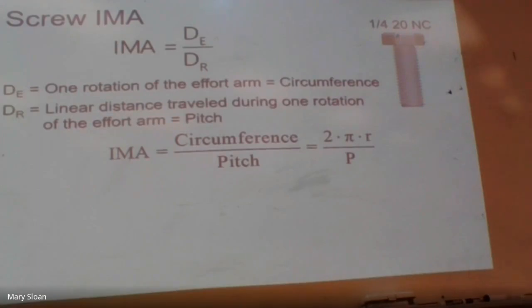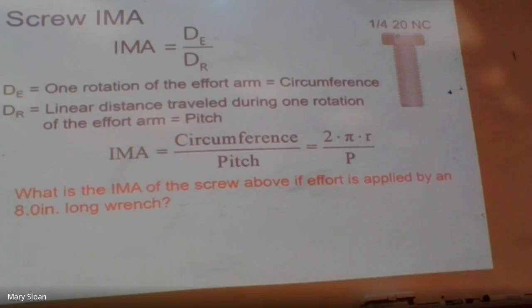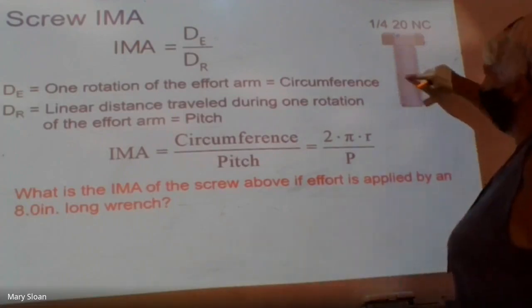So, what is the IMA if the screw is turned by an effort applied by an 8.0 inch long wrench? That's a good question. So remember, do you remember what pitch is? Pitch is this right here.